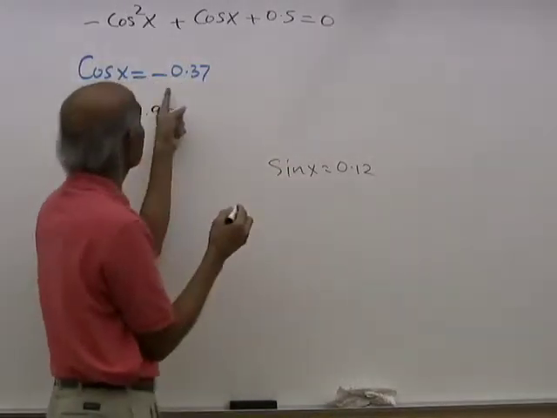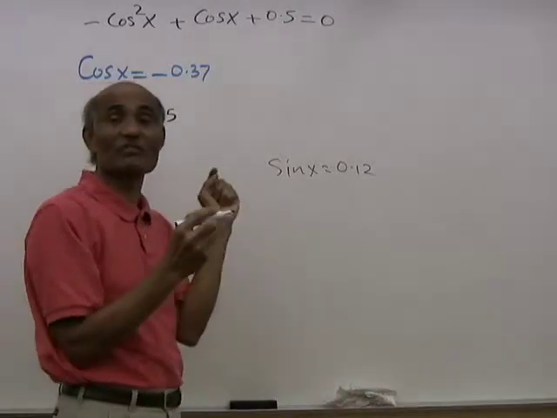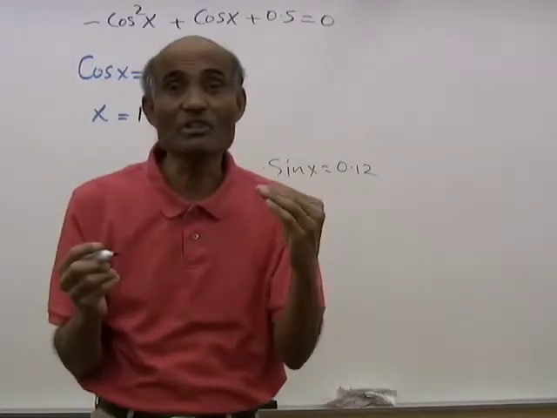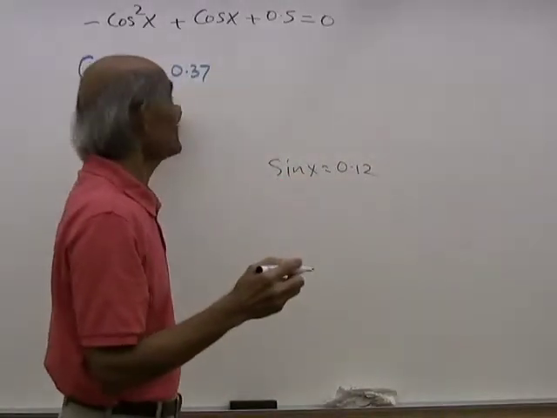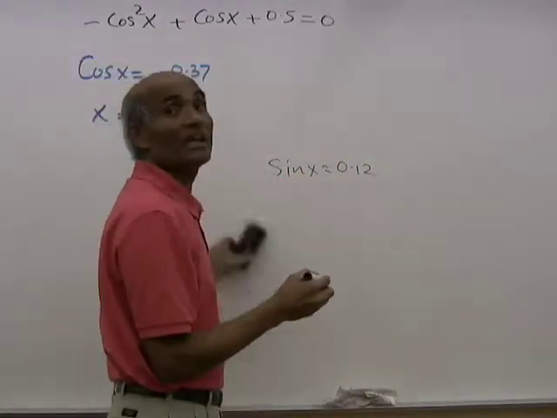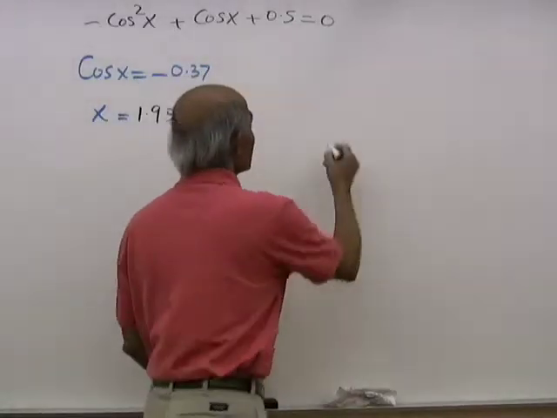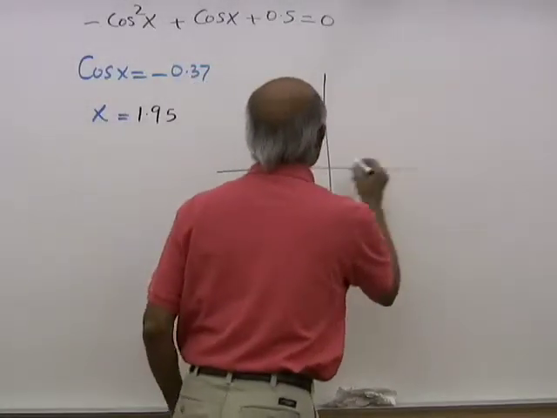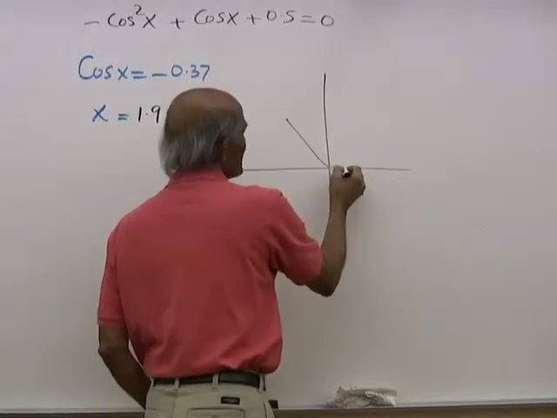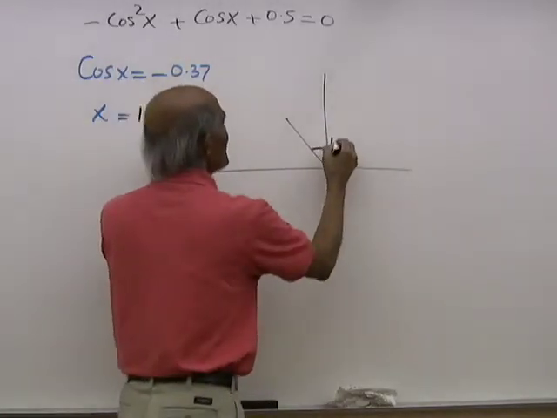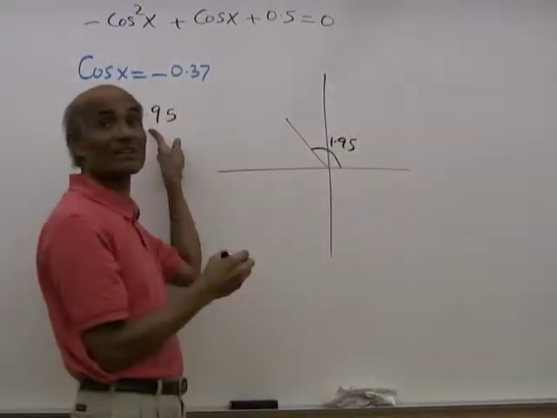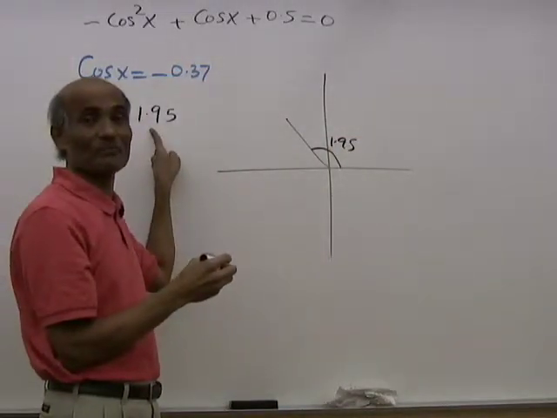Similarly, cos x equal to negative 0.37. Cos x is positive in the first and fourth quadrant, which means cos x is negative in the second and third quadrant. So you can have a value in the second quadrant. So this 1.95 is the second quadrant value.